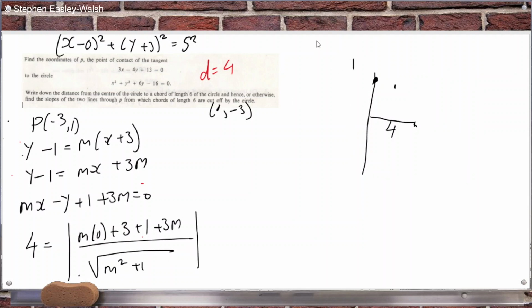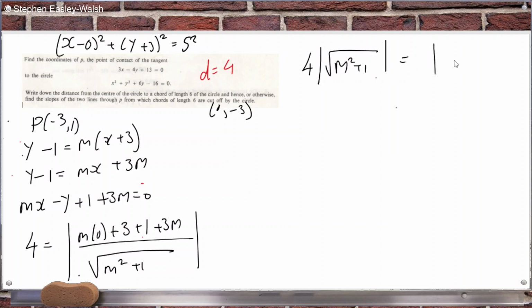Okay. And then we know the story here. Cross multiply and square. So 4 root m squared plus 1 equals, and then that will be 3m plus 4.